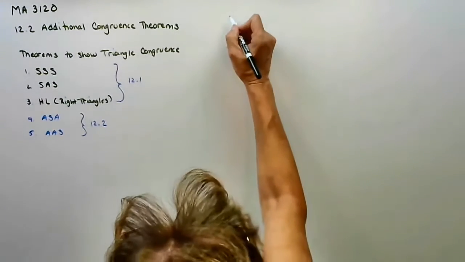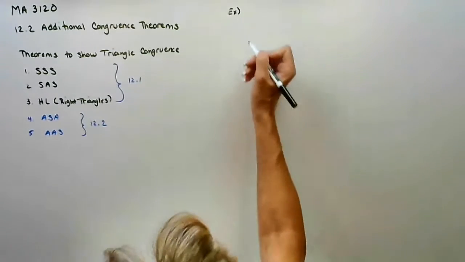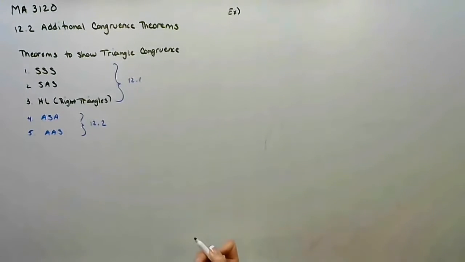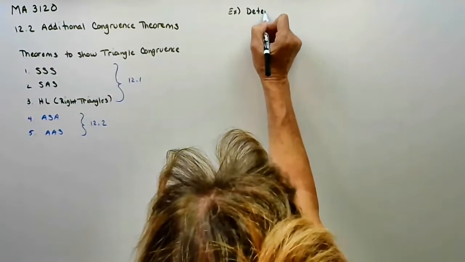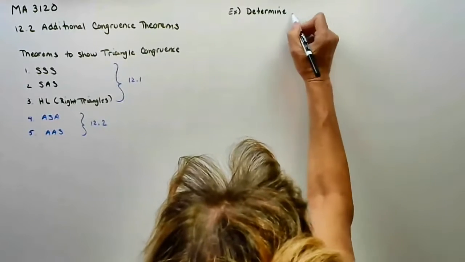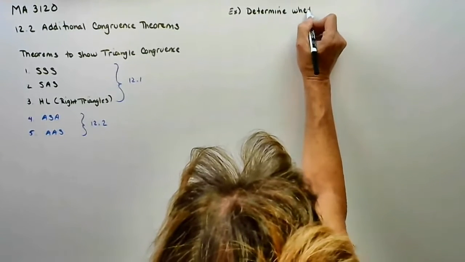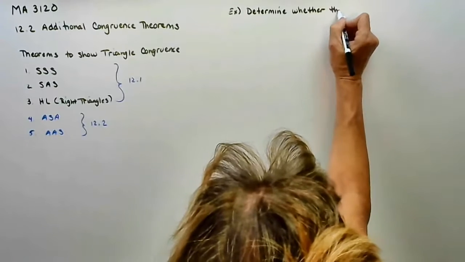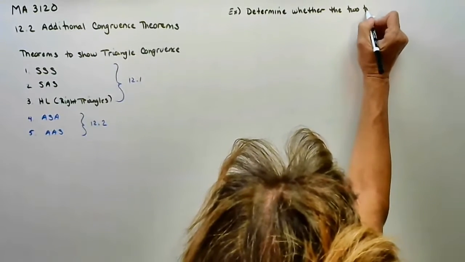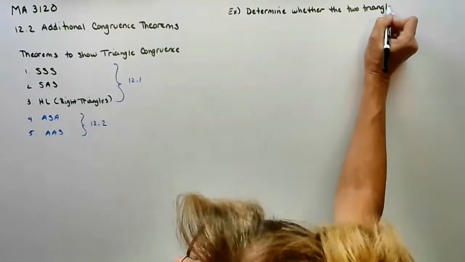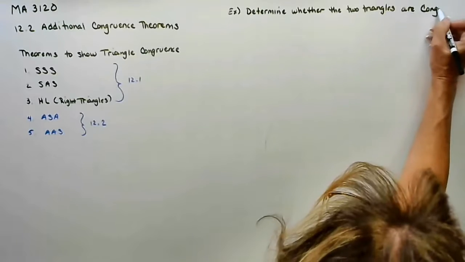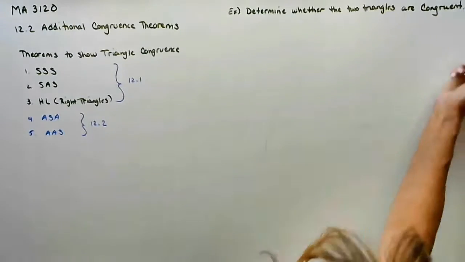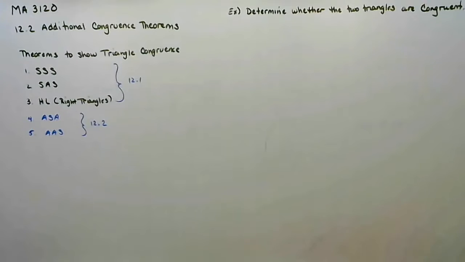So here's our example. All right, determine if the two triangles are congruent. All right, if they are, how do you know?